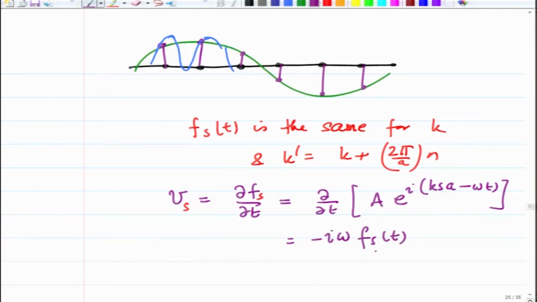So, if the displacement f s remains the same, so does the velocity. So, all these atoms have the same displacement, same velocity, and you can also show same acceleration. So, it does not really matter whether I take k confined in the Brillouin zone or k outside it, the motion is the same, and therefore, everything can be described with k's within the Brillouin zone.